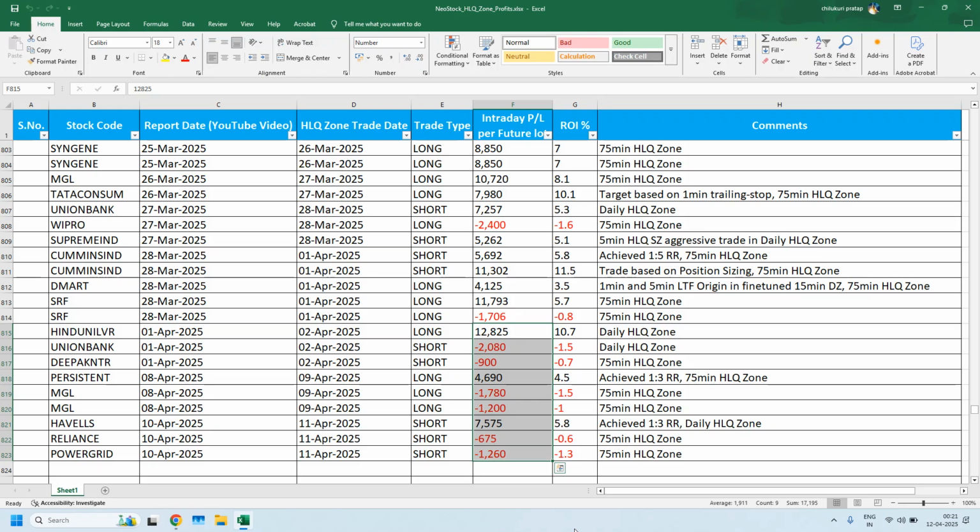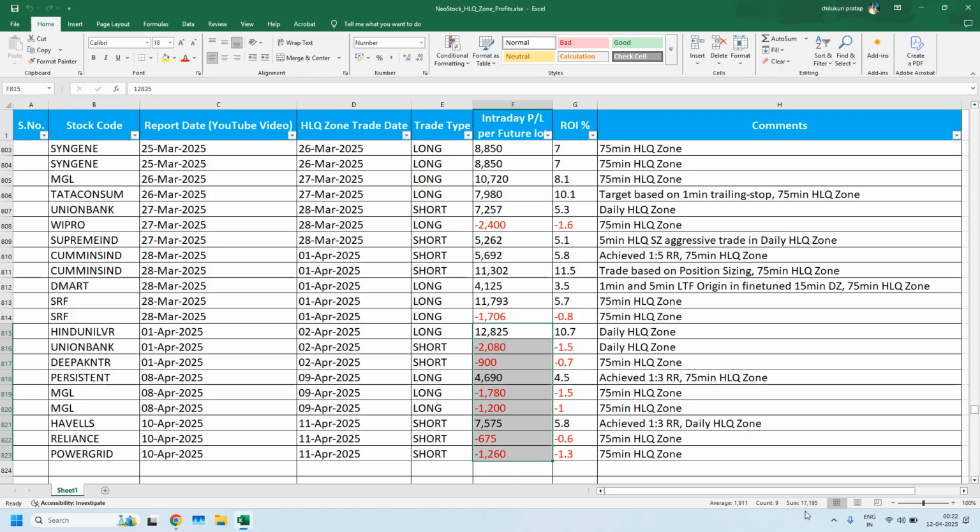To manage within 2%, we have learned better statistics, fine-tuning the zone, fine-tuning the entry. That way we will always make sure our risk will be less than 2%. See how excellent a profit we would have got, 17,000 profit.